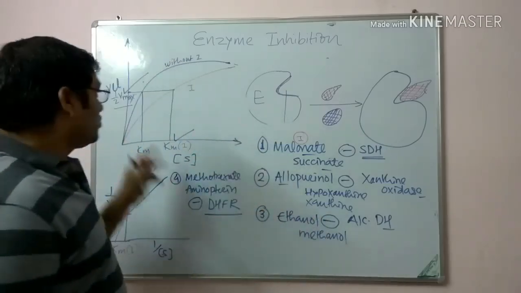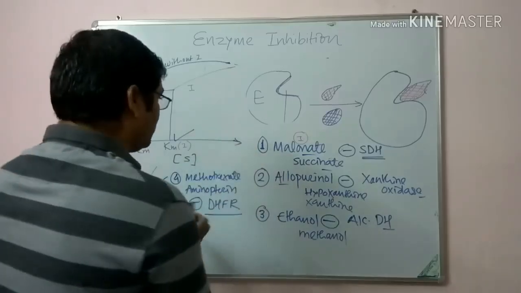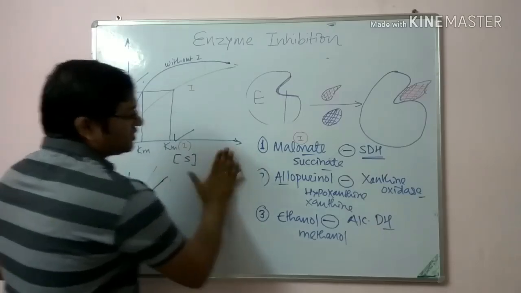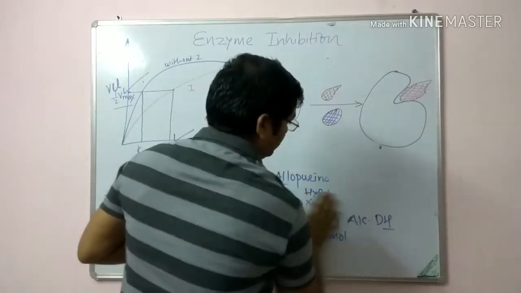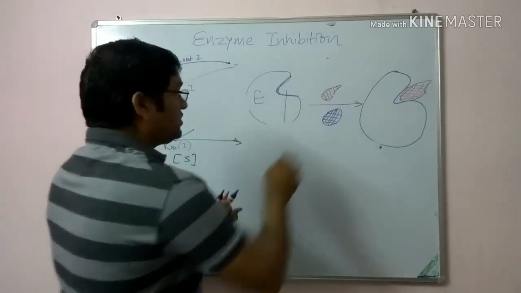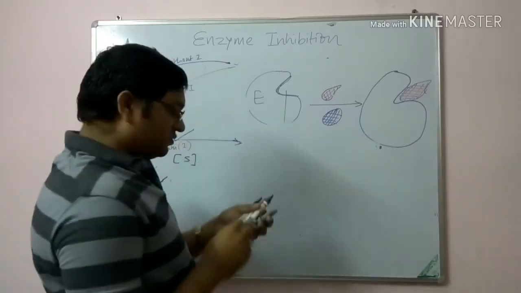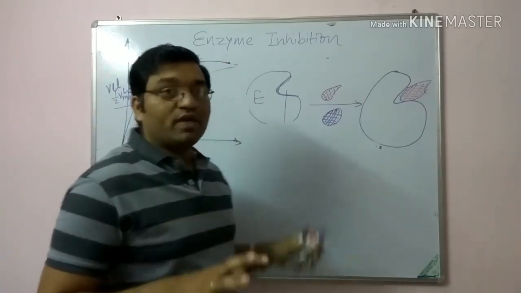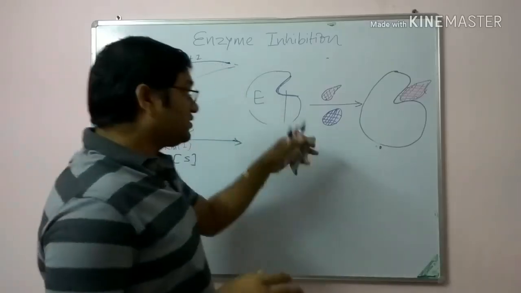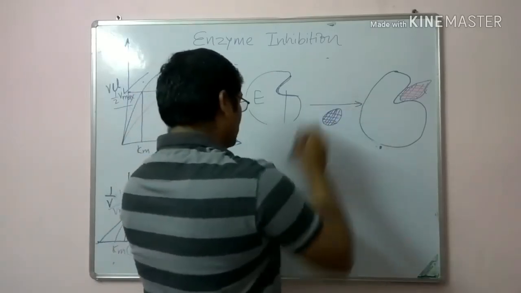Now let's talk about non-competitive inhibition. What will happen in non-competitive inhibition? There is no competition or resemblance with the substrate. The inhibitor is structurally not similar to the substrate.